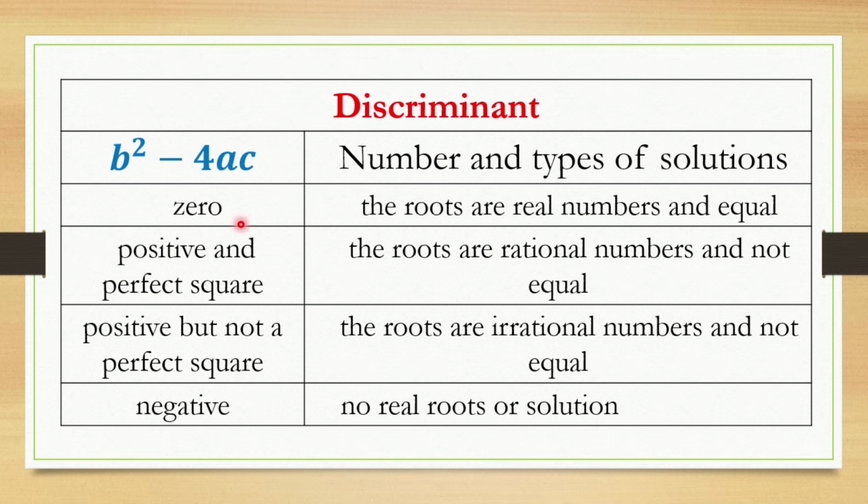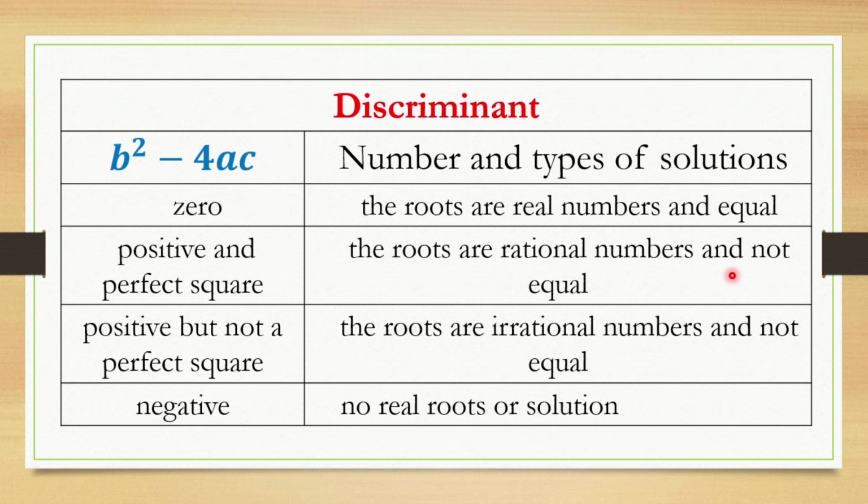Okay, now, if gumamit ka ng discriminant na b squared minus 4ac at ang result ay positive and a perfect square, therefore, the nature of the roots are rational numbers and not equal.